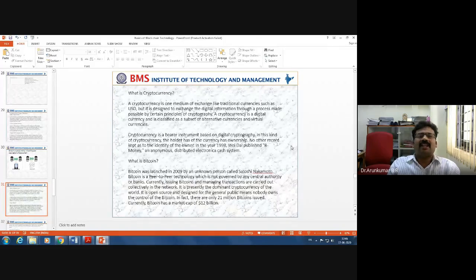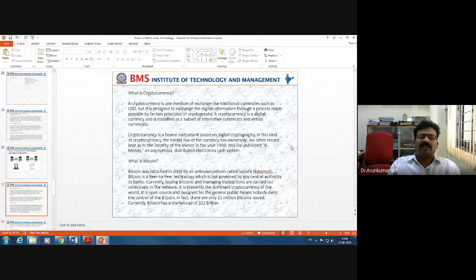The very first concept of cryptocurrency was coined by Wei Dai, who published it in 1998. So the most popular question is what is a Bitcoin and how the blockchain evolved.